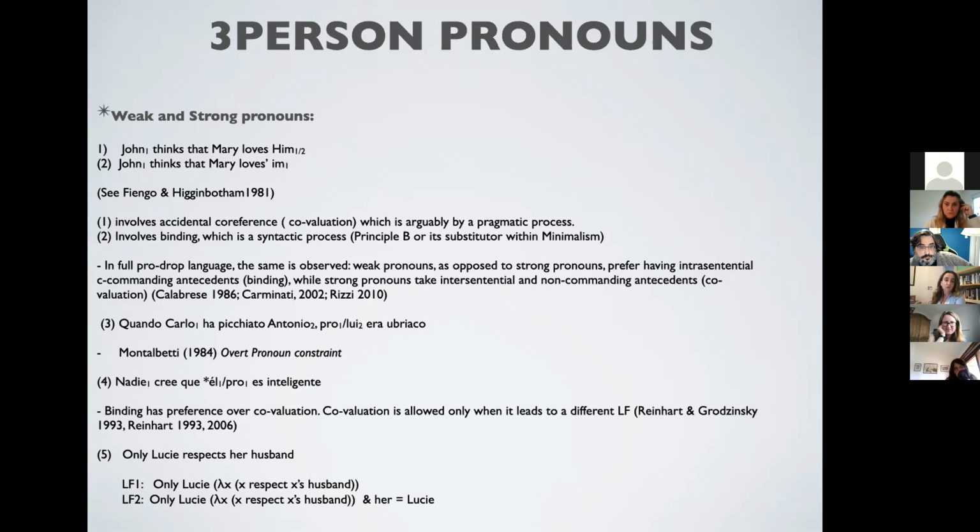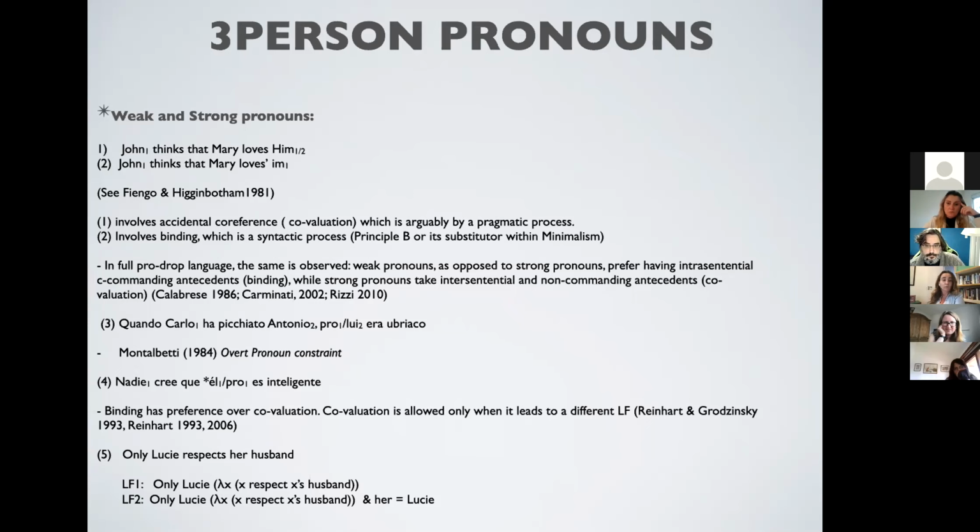If you have a strong pronoun, that pronoun will refer to Antonio. And if you have a null pronoun, it will refer to Carlo. The same you see with Montalbetti's overt pronoun constraint: Ninguém disse que era inteligente, for example, in Portuguese or in Spanish. Here you won't allow a strong pronoun, a weak pronoun has to be used.